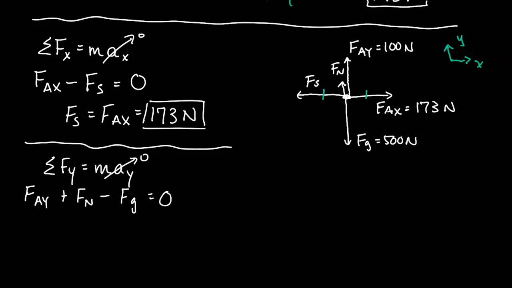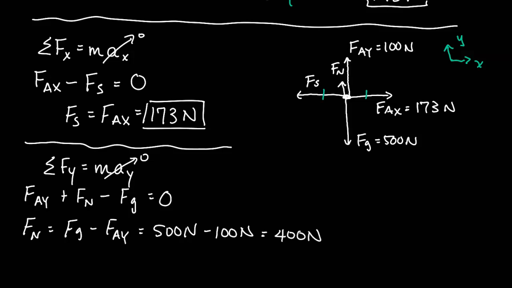I'm looking for Fn. If I isolate Fn, I move Fg to the right and Fay to the right, then I get 500 newtons minus 100 newtons, and we get 400 newtons, which is what we expected just by looking at our force diagram.